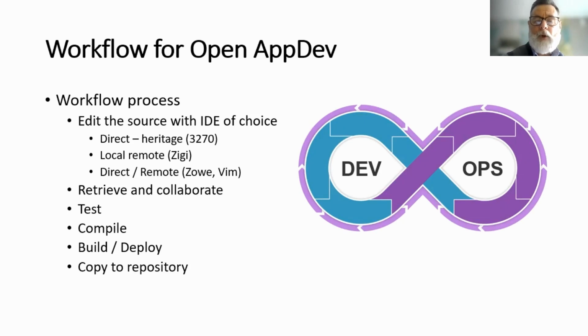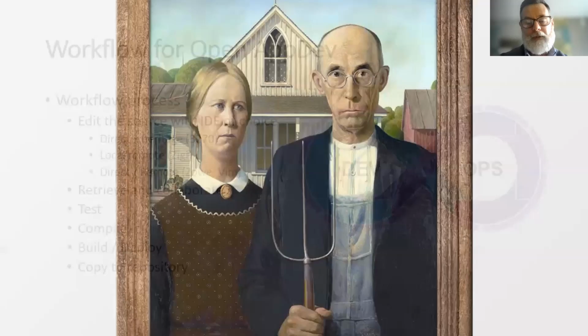And then direct or remote, using things like Zoe and Vim, and Tatiana, being a newer programmer and interested in newer tools, she will be using those and demonstrate that clearly. Then, of course, we want to retrieve the source and collaborate. We want to be able to test, compile, build, deploy, and then update the repository. This is obviously iterative in your DevOps processes, depending on what discipline within that genre you actually adopt for your organization.